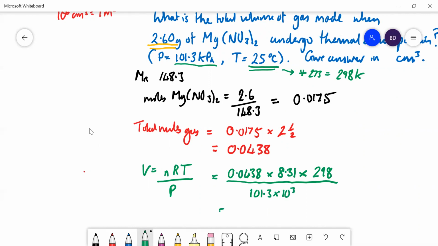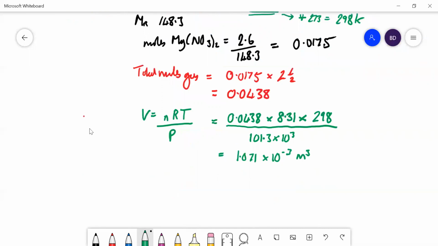And this is going to give us our volume, which will be in meters cubed. So if we do that, that is 1.071 times 10 to the minus 3 meters cubed.